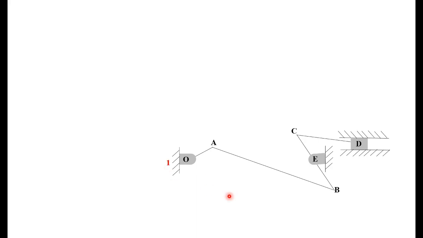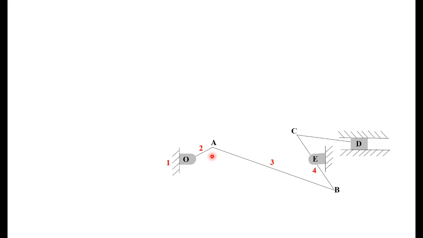Then we have OA. OA is the crank or rotating part of the mechanism. That is your second link. Then we have one link AB connecting to the crank. Then another one, BC.